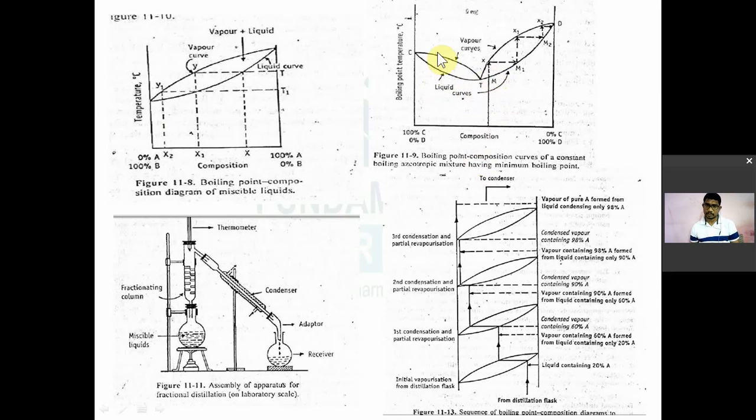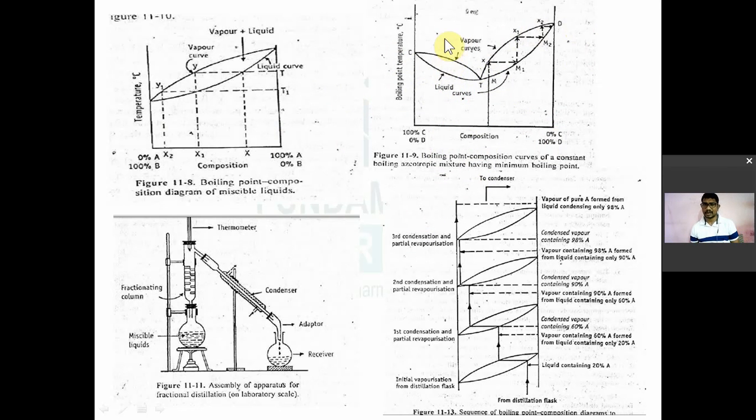So 50% of A will vaporize and 50% of B will vaporize, meaning C and D. So both components will come. There is no difference between the boiling point of component C and component D. That's why the composition remains the same. If you increase the temperature, again the composition remains the same.